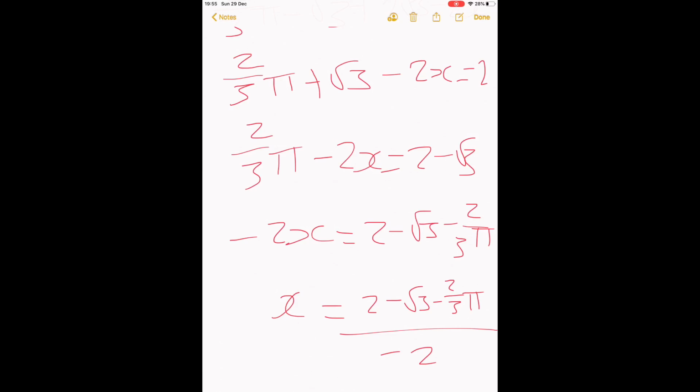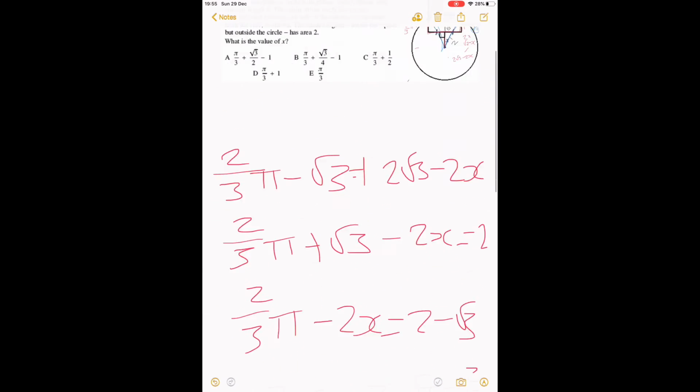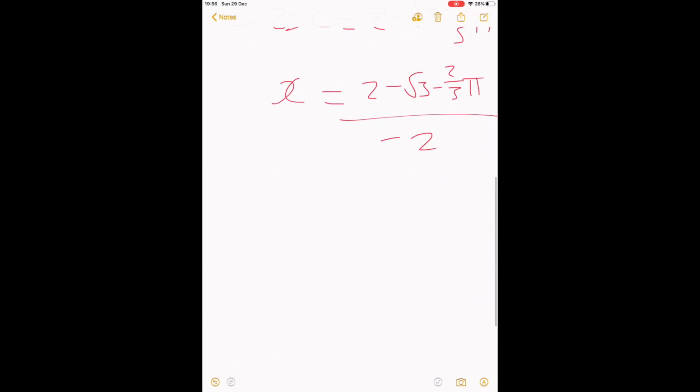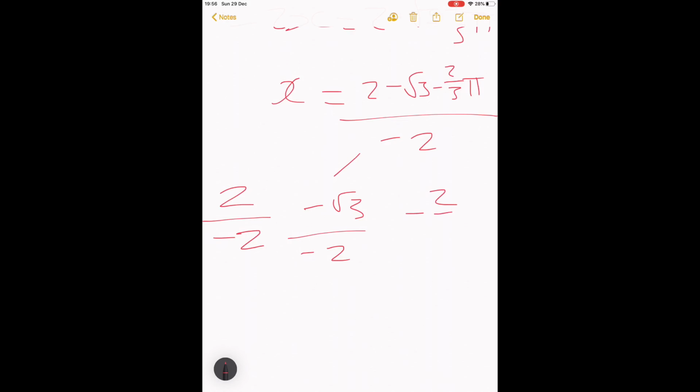So obviously that's not the form that is given over there. So we have to simplify it further to find the simplest form. So we can split up the fraction into 2 over minus 2, minus root 3 over minus 2, and minus 2 over 3 pi over minus 2.